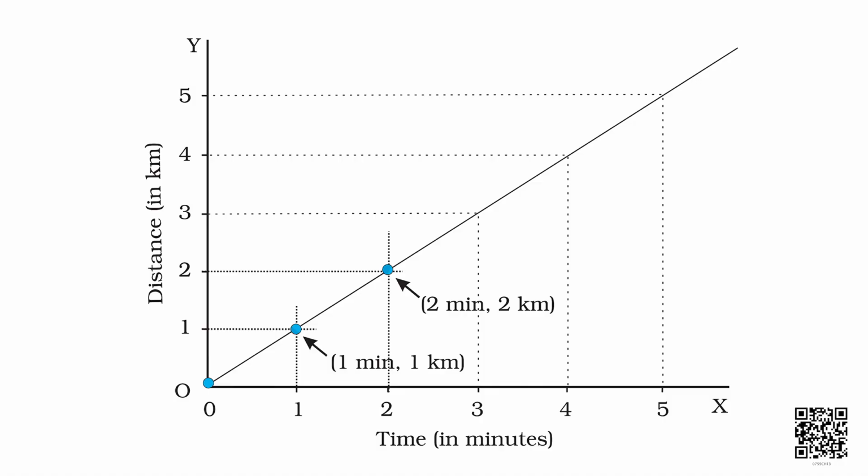Now we will mark the values for the time and the distance on the respective axis according to the scale you have chosen. For the motion of the car, we will mark the time 1 minute, 2 minutes and so on, on the x-axis from the origin O. Similarly, we will mark the distance, that is 1 kilometer, 2 kilometers and so on, on the y-axis, which is shown in this figure.